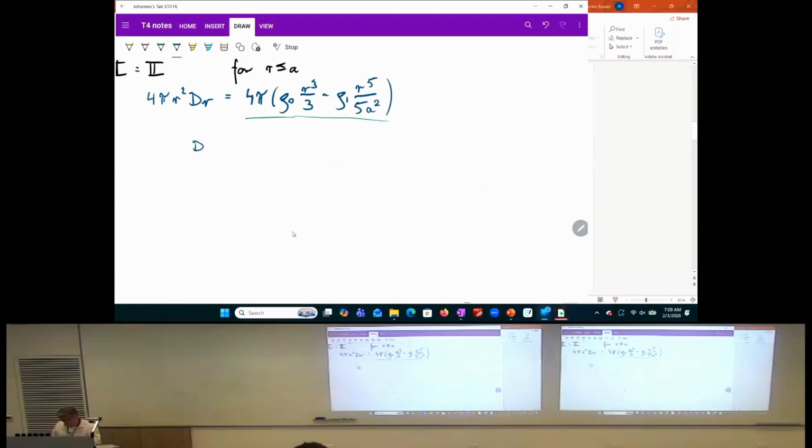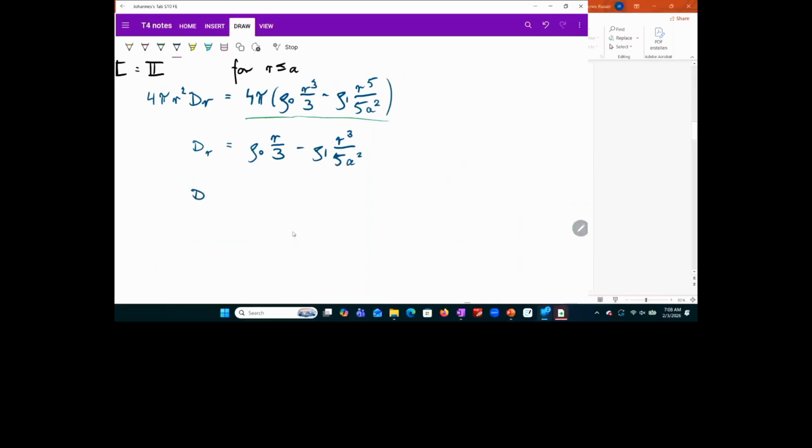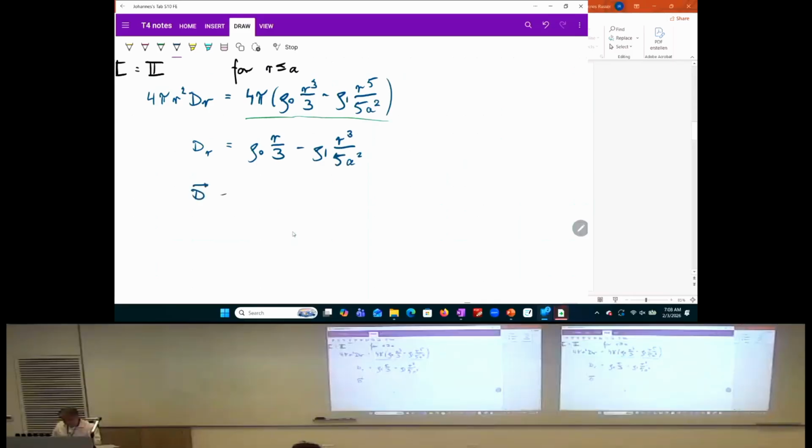So now it is easy to obtain the electric flux density. We have this equation, we just divide through 4 pi r square, and the 4 pi in the beginning drops, so it remains rho 0 times r over 3 minus rho 1 times r to the power of 3 divided by 5a square. Also, in terms of the vectorial properties, this is of course a vector.